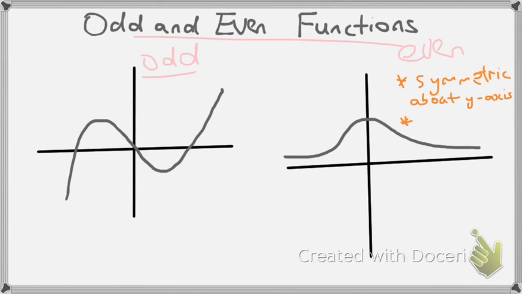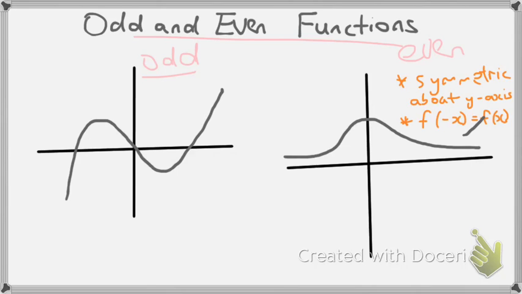but the way to prove it algebraically, which is especially important if you don't know how to draw it for some reason, is to say that f of minus x is the same as f of x. Now hopefully you can appreciate that these two things mean the same thing, right?